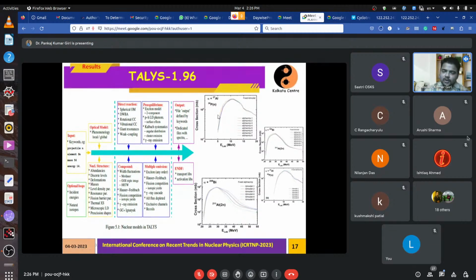If someone is planning to produce the radioisotope on the lower energy side, they must be very careful about choosing the proper alpha optical model. But when we fix the alpha optical model and vary the level density model, these are sensitive towards the higher energy side. So the choice of level density model will be sensitive towards the higher energy side, and one needs to choose according to their need.